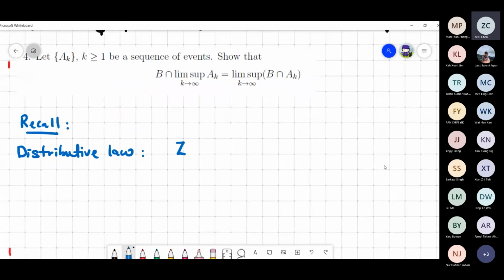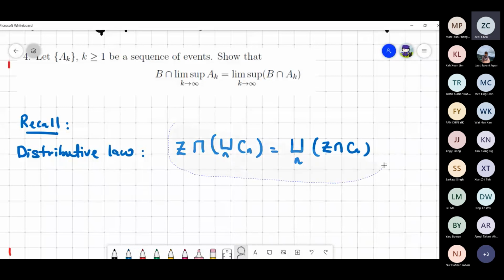Z intersect the union of C_n, where n can run from 1 to infinity or 1 to 5, something like that, is just equal to the union over n of Z intersect C_n.